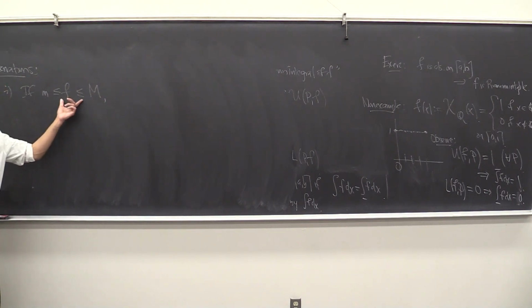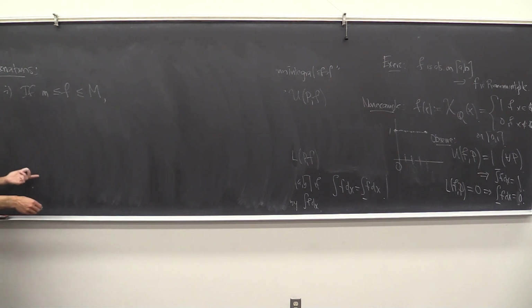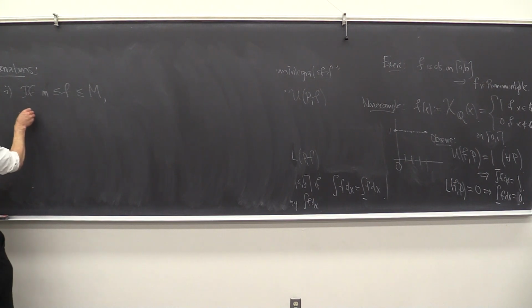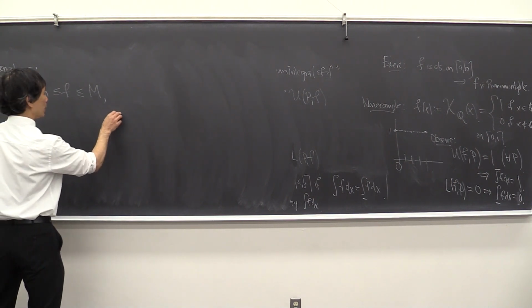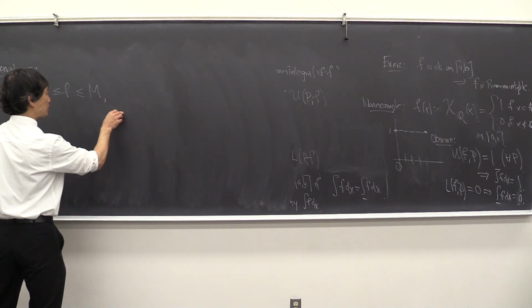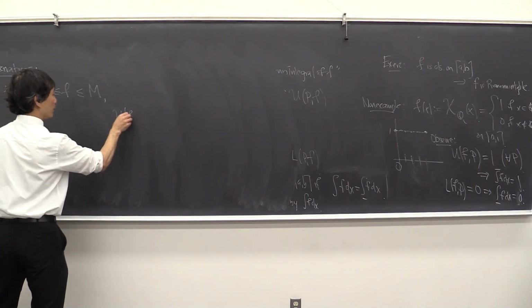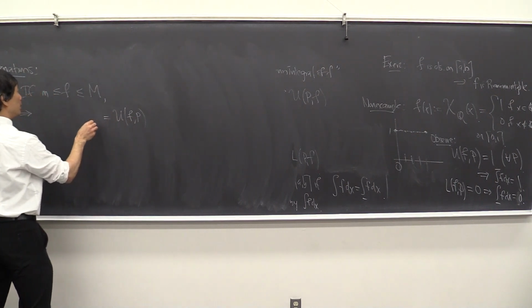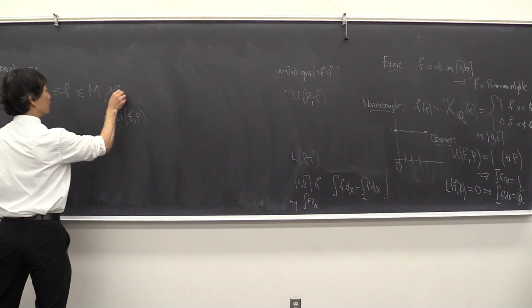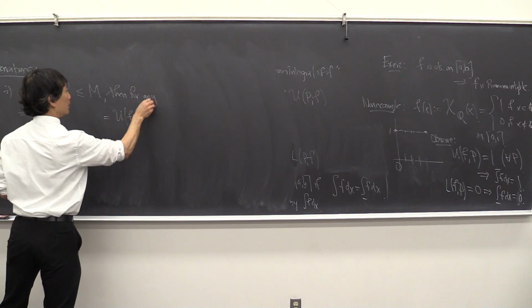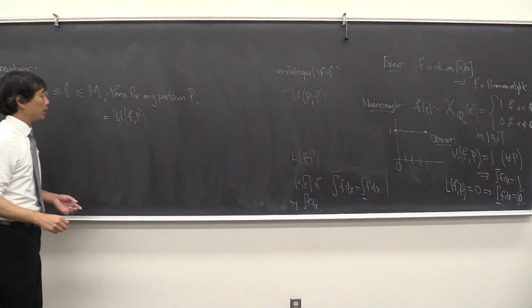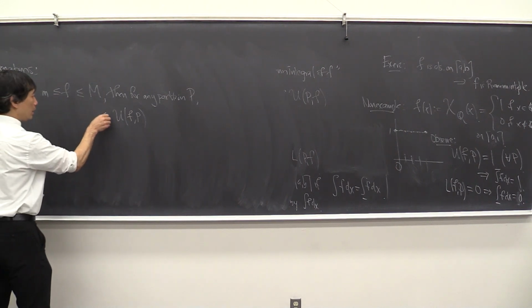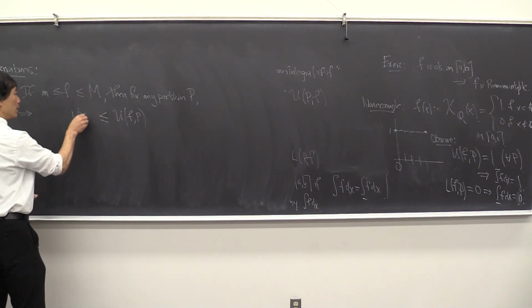If your function is bounded between two values, then for any partition P, the upper sum is going to be bigger than the lower sum.